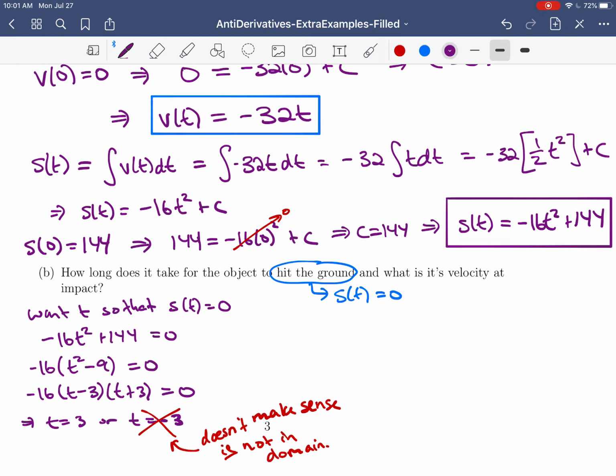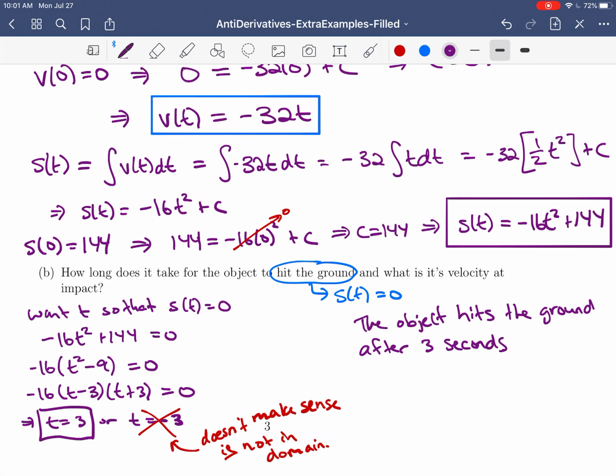Okay, so that means the object hits the ground after 3 seconds, because we had t equals 3 here.